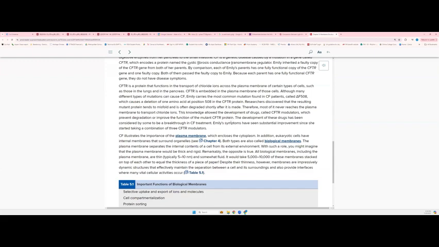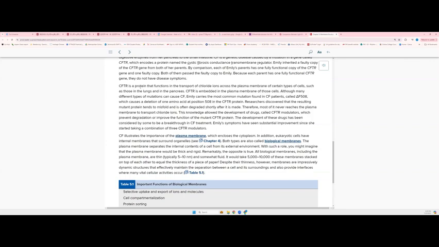It has to function normally, otherwise it will cause a lot of disease in us. And the most important thing, why this chapter talks about the membrane, is that this protein is on the membrane. It's a membrane protein.